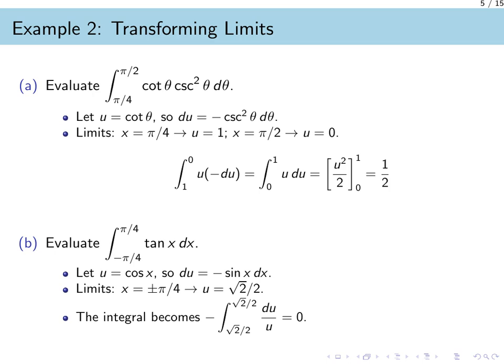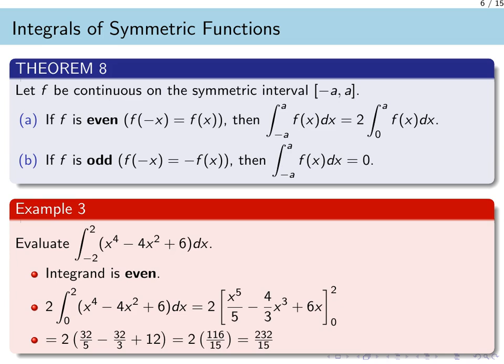perform any further integration. We can often simplify definite integrals by exploiting symmetry. This is especially useful when integrating over an interval that is symmetric about the origin, such as from -a to +a. An even function, where f of -x equals f of x, has a graph that is symmetric about the y-axis.